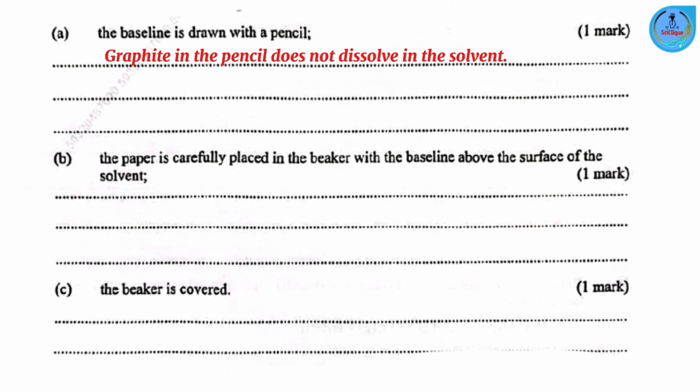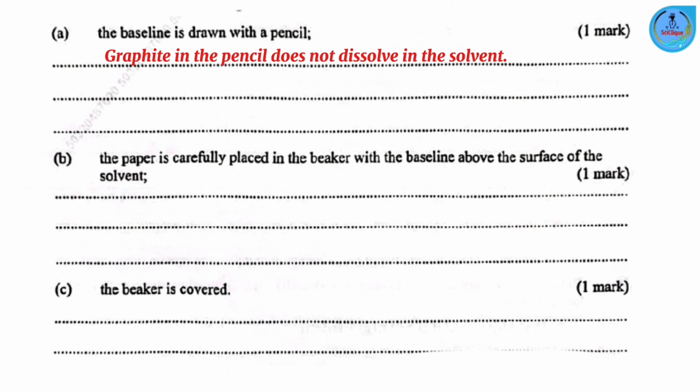Part B. The paper is carefully placed in the beaker with the baseline above the surface of the solvent. Now, we don't want the baseline coming into contact with the solvent because if the baseline were to come into contact with the solvent, the sample that was placed on the baseline is going to dissolve in the solvent.